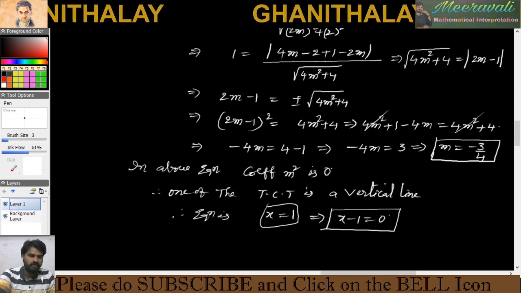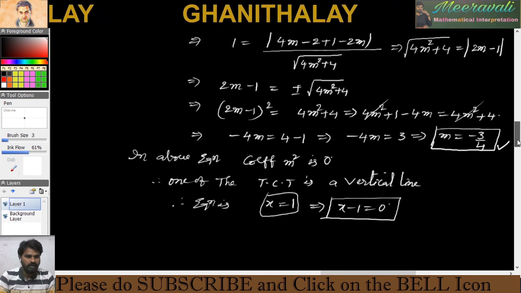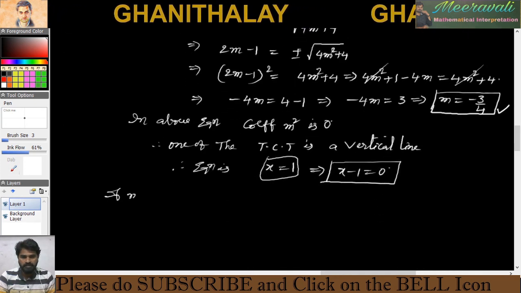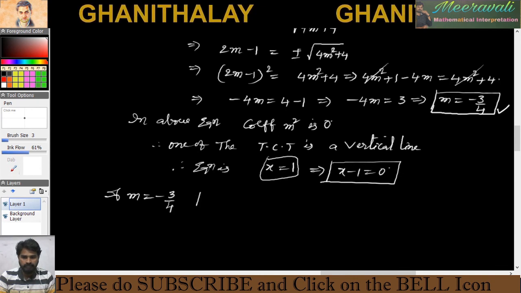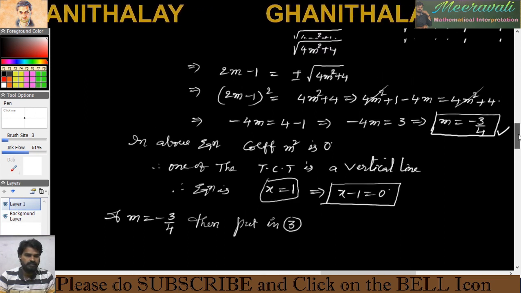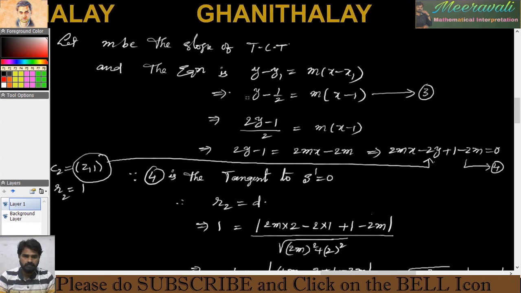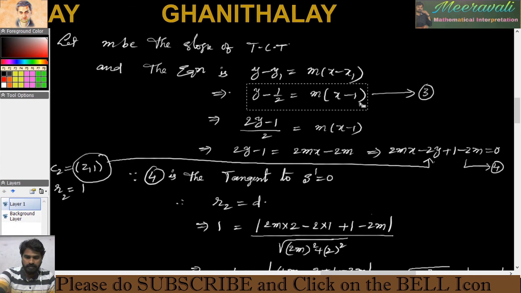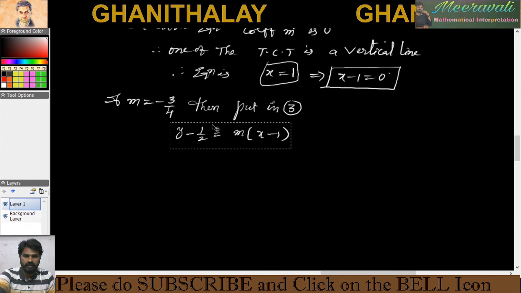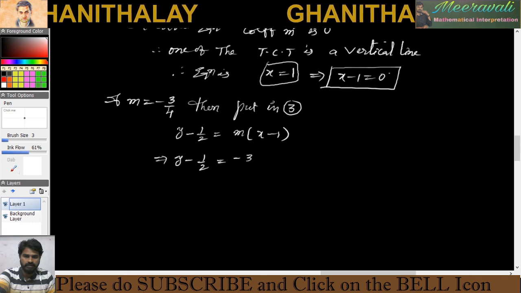Next, to find the other transverse common tangent, you should substitute m is equal to minus 3 by 4 in equation number 3. So I am going to copy the third equation here and paste it here. Put the m value in this one, and you get one more transverse common tangent.